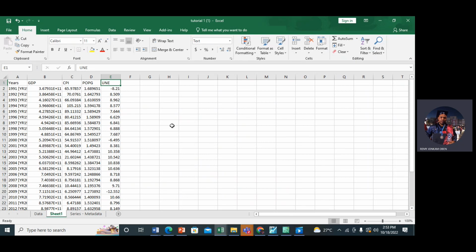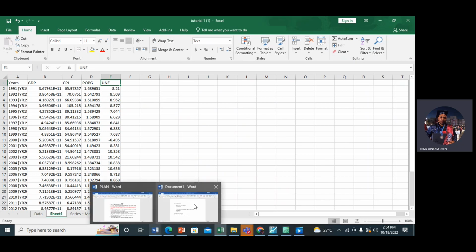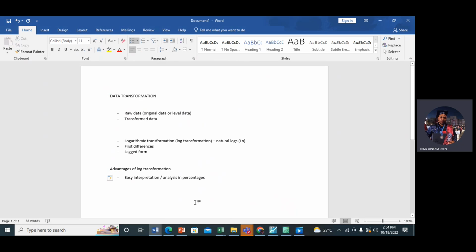So if we are using logs, it makes our life easy because logs express all the variables in the same units, which is percentages. So we are interpreting everything in percentages. That's one of the main uses of using logs. It makes it easier for us to analyze and interpret our data.